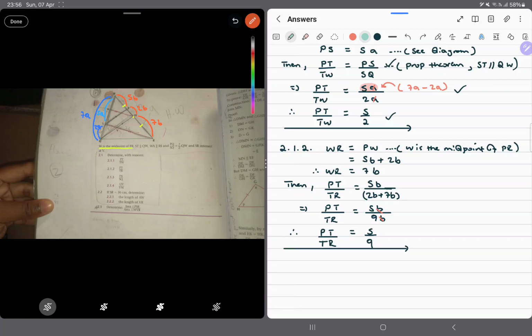So here's the thing, guys. What matters here is to find WR, because without WR it would have been painful to do this thing. We needed to find this value for TR, which was also a lovely calculation on its own, so you get a mark for that and the answer.